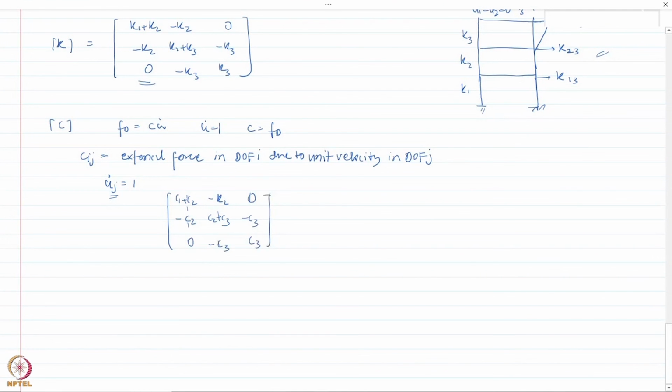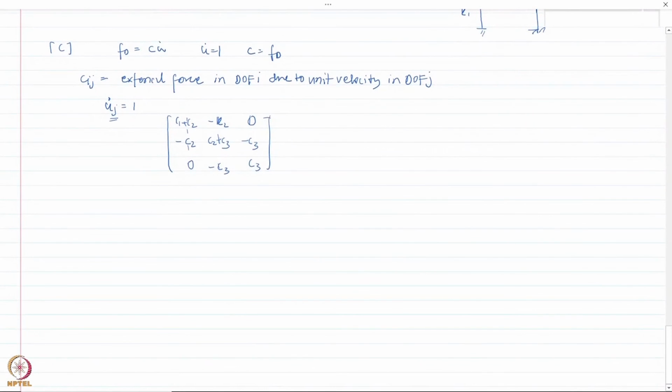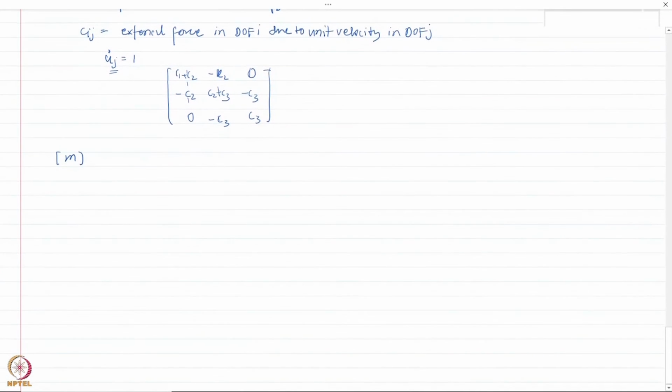Now the third term is still remaining, that is getting the mass matrix. So let us see how we get the mass matrix. To get the mass matrix, we are again going to employ the same thing. Remember, the inertial force is mass times acceleration. So if we apply unit acceleration, then mass is nothing but the inertial force that is being applied. The procedure remains the same.